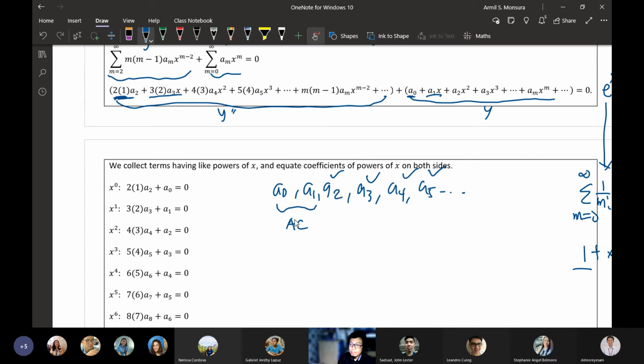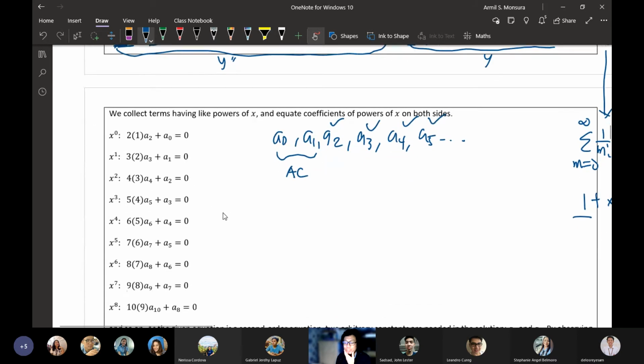Okay? But as you can see in the equation, tingnan niyo mabuti yung mga equations. Ito kasing itong x square ko, meron siyang A4 at saka A2.